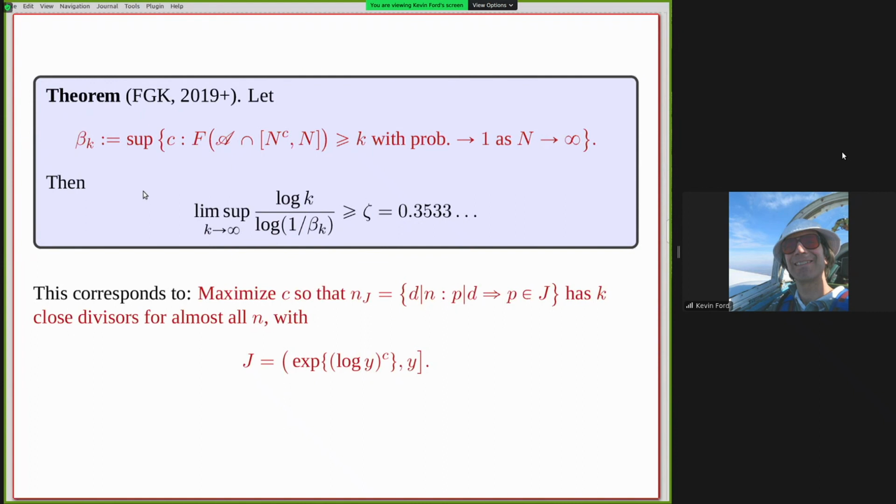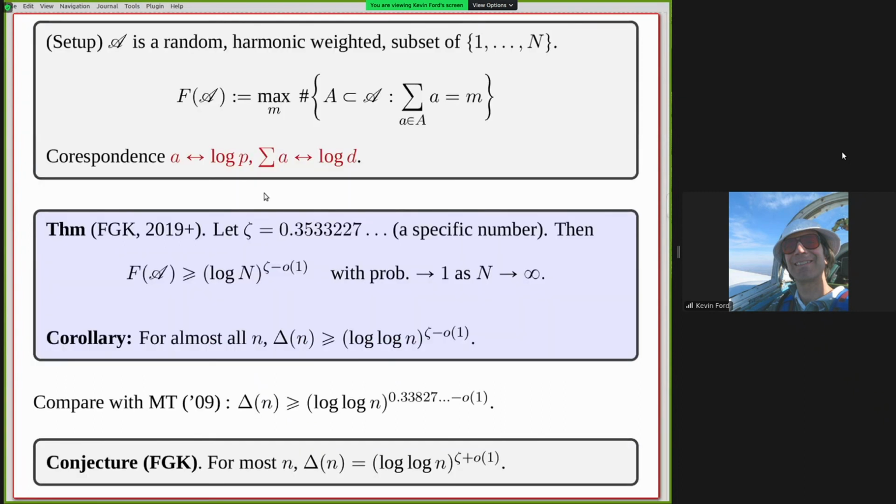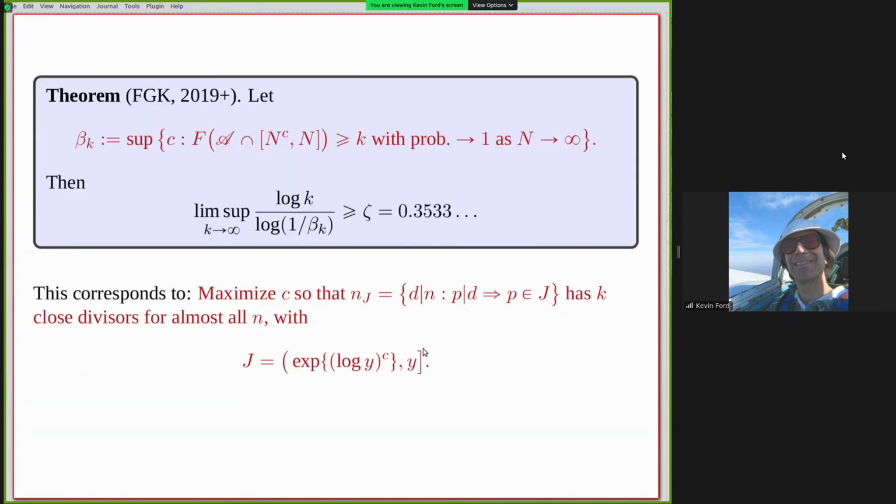And so then, of course, we use the Meyer-Tenenbaum idea to glue many disjoint intervals together, and that's how we obtain the theorem on the previous slide, this lower bound here with a certain exponent on log n. So going from this theorem to the previous theorem is not much of a mystery.